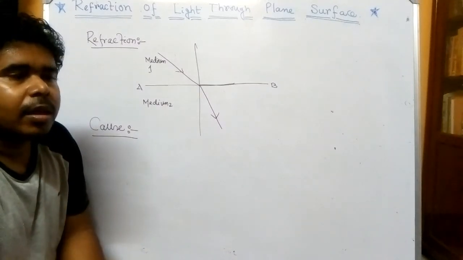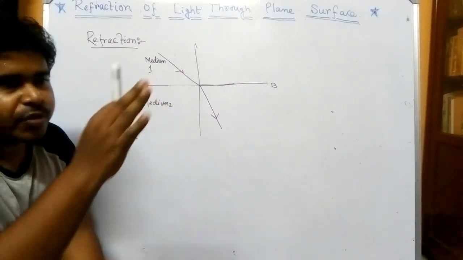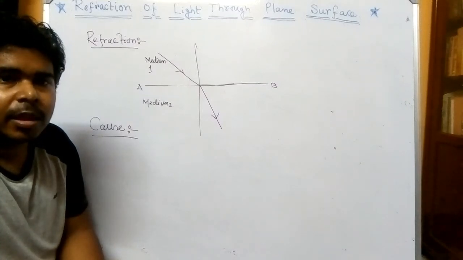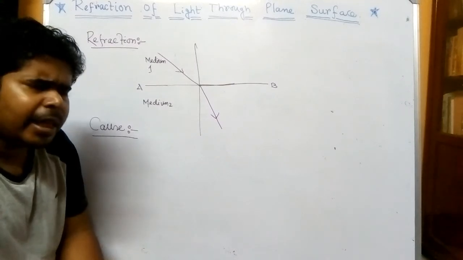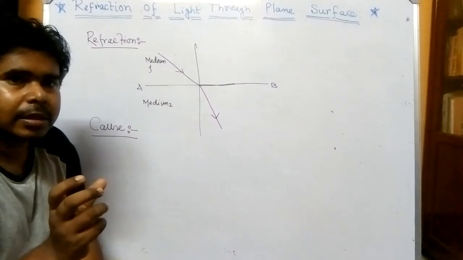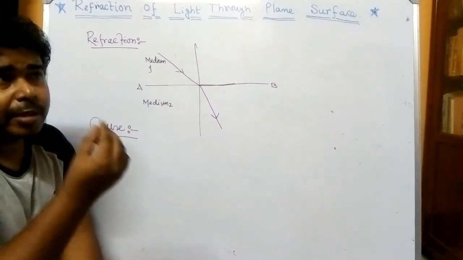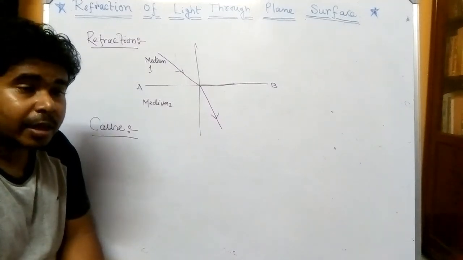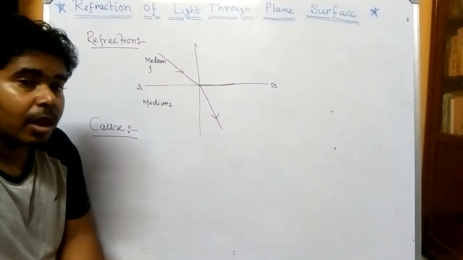Whenever we look at an object with no obstacle in front of us, it is pretty clear. But if I see the same thing through any transparent medium, like our glass, the specs we have here, the visibility changes a little. If we take a glass having a different color, the visibility changes a lot.